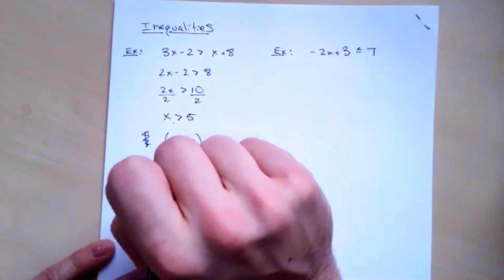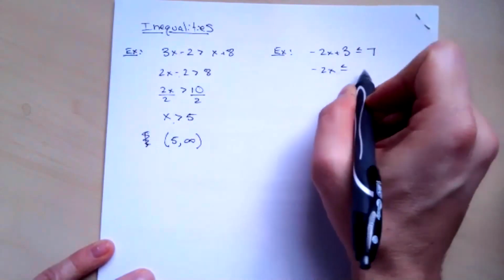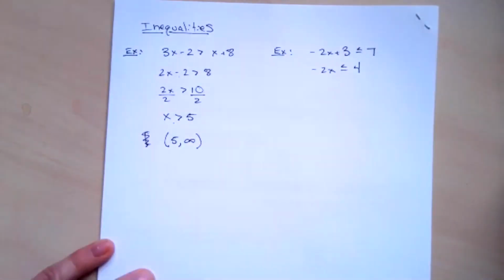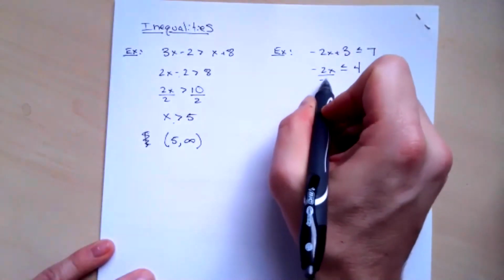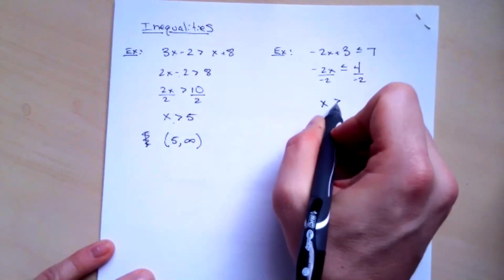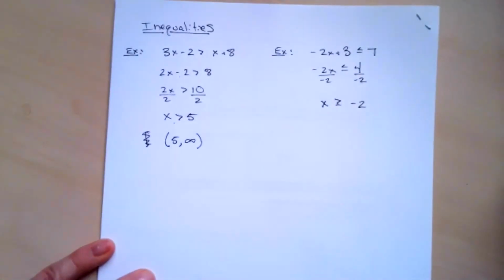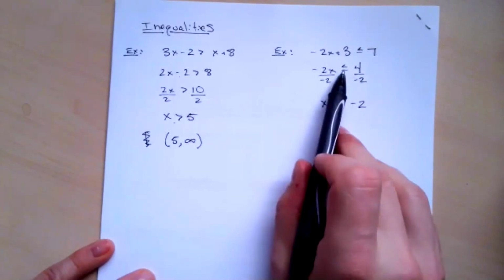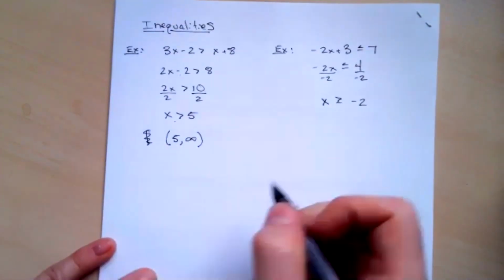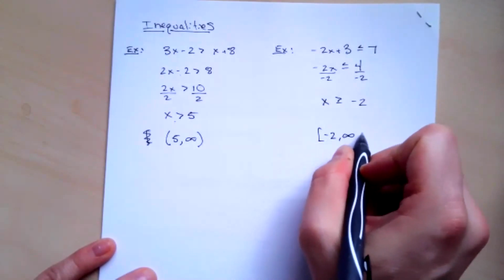All the x's are already on one side. All we have to do to isolate our x is subtract 3 from both sides. And now when I divide by a negative 2, remember that the inequality flips. So there's always going to be an equals, but the less than turns into a greater than. And so our solution in this case is minus 2 to infinity.